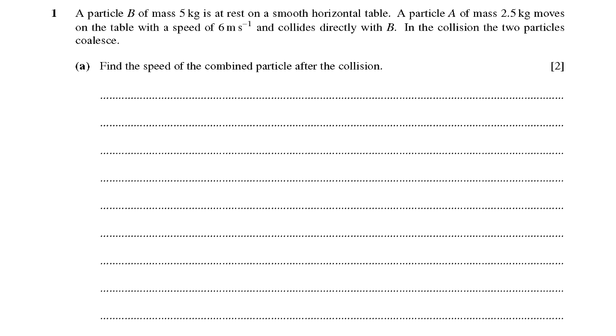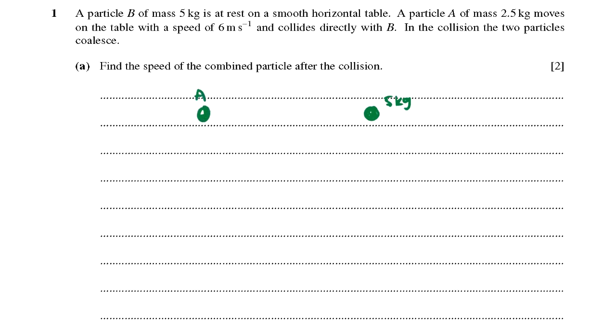Okay, particle B of mass 5 kilograms is at rest on a smooth table. A particle A of mass 2.5 kilograms moves on the table with a speed of 6 meters per second.